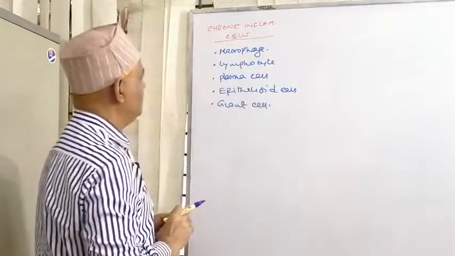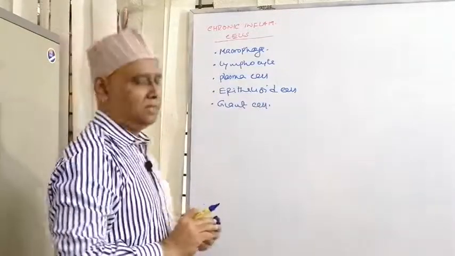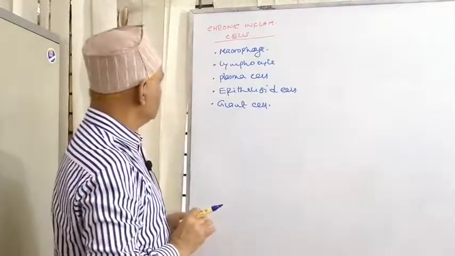So macrophage, lymphocyte, plasma cell, epithelioid cell, giant cells, these are the chronic inflammatory cells.